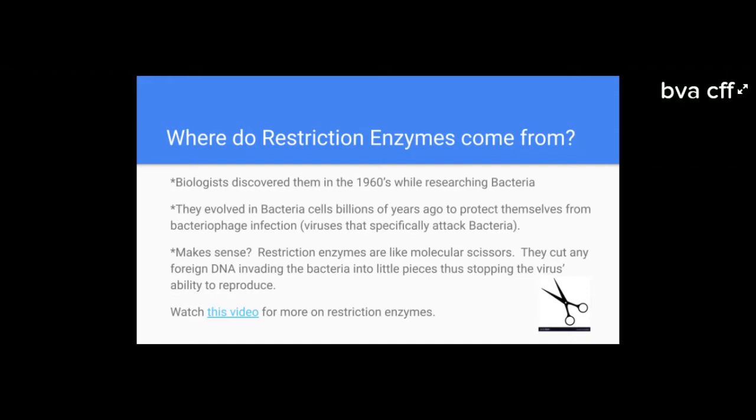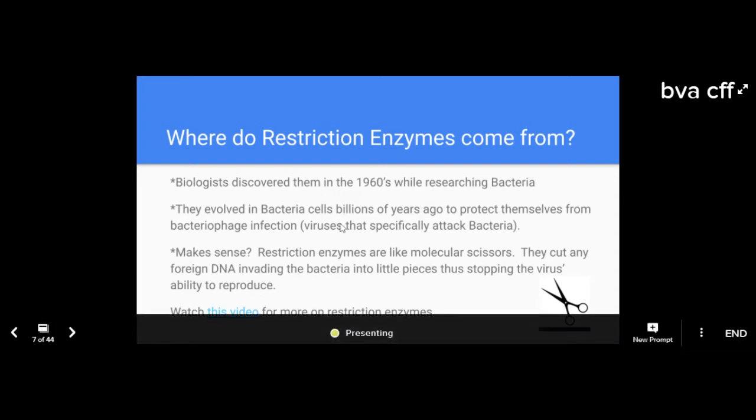So if you have viral DNA in a bacterial cell, it's handy to have a set of scissors that can go and just attack the viral DNA and leave your own DNA alone. So it actually was adaptive for them. But now scientists were able to take those restriction enzymes out of bacteria and use them as a tool to do this DNA analysis.